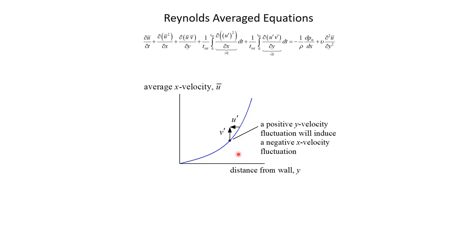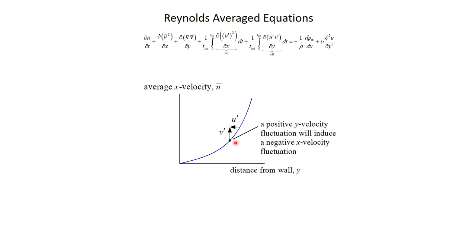I'm moving it in the positive y direction. And if you think about that, what that means is I'm taking some low u velocity fluid, and I'm injecting it into a bunch of fluid that has higher u velocity. And what that's going to cause is that fluid to slow down.